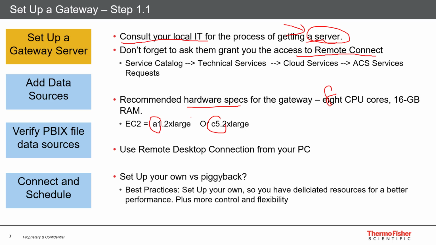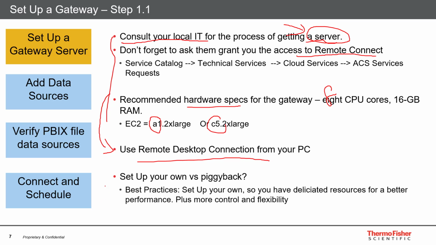So depending on your budget, you can use whatever one you want. This is recommended. Of course, you can use a more powerful or less powerful one. All depends on you. After you get the access to the server, you will be able to use the remote desktop connection from your PC, which I will show you very quickly.